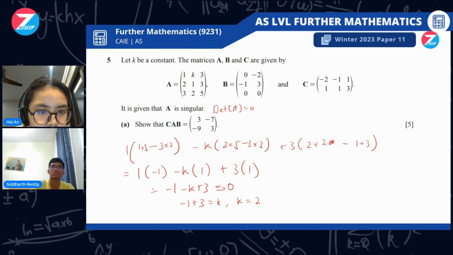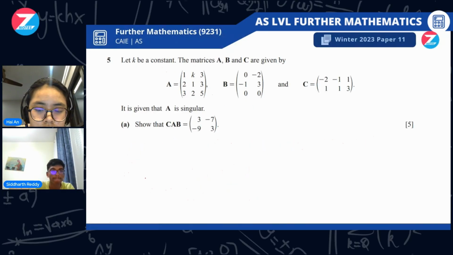Okay. So that's the first thing. So k is equal to 2. So now let's just do the matrix multiplication. So first let's find out AB.